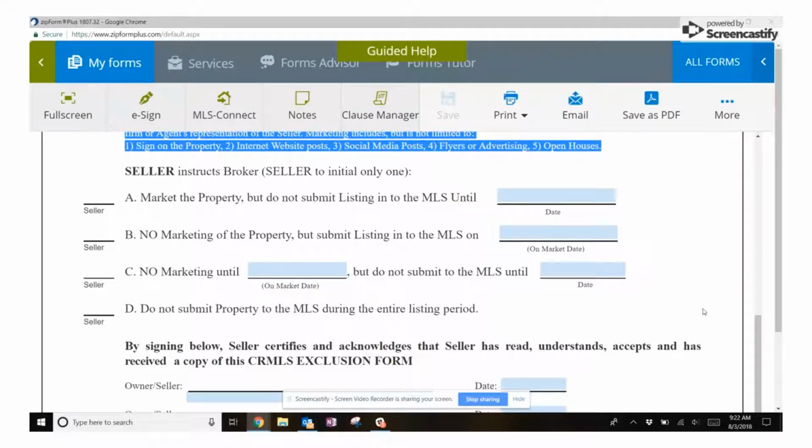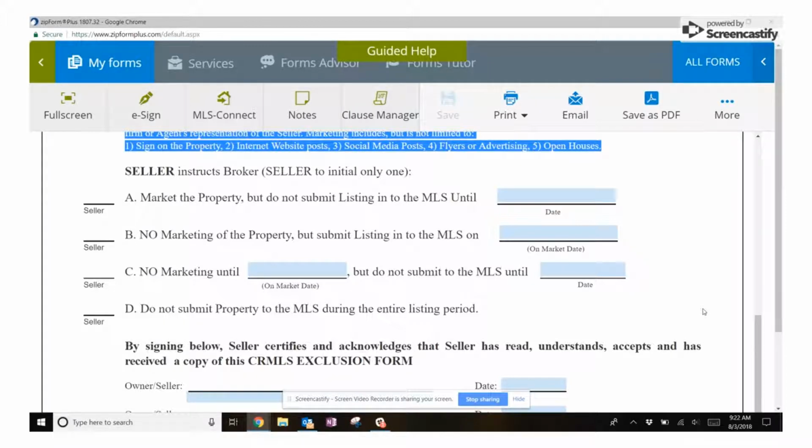So based on one of these 4 choices, and by the way, choice A, B, and C do require dates. Please do not put in to be determined by broker or seller, because those are not valid dates. There must be specific dates in one of these 3 sections.